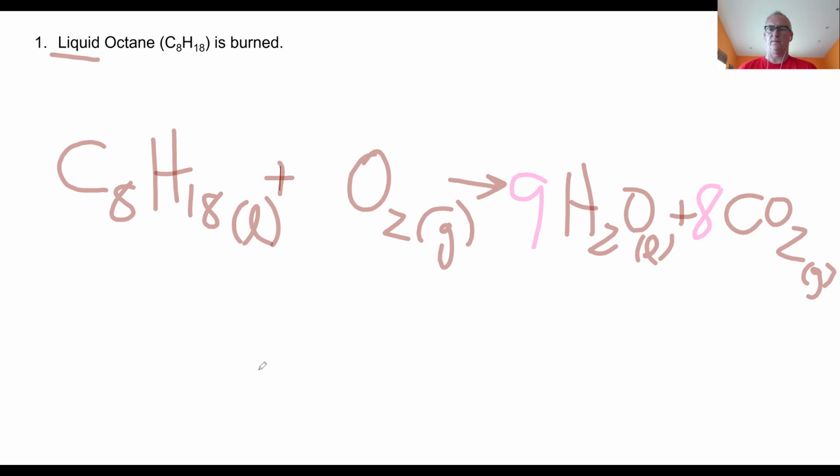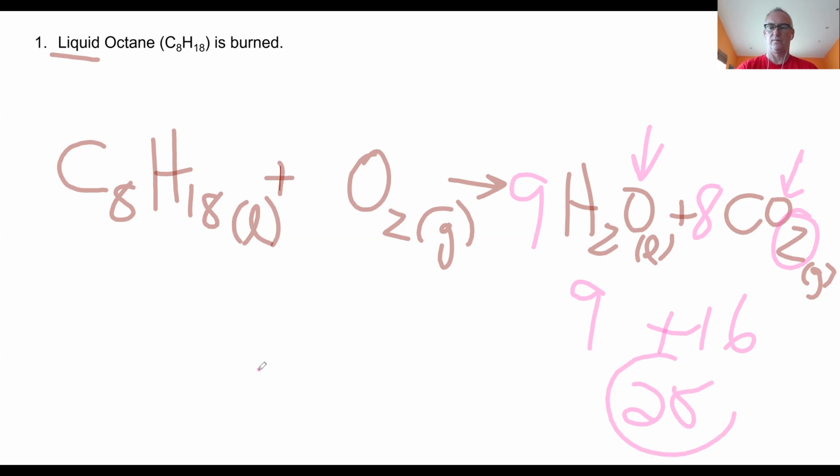So where do we get 9 oxygens, and where do we find 8 times 2? 9 waters, 9 times 1. That gives us 9. And then here we have 8 times 2. And that gives us 16 for a total of 25. So how are we going to get 25 oxygens on the left side?